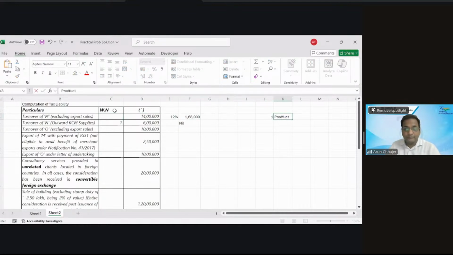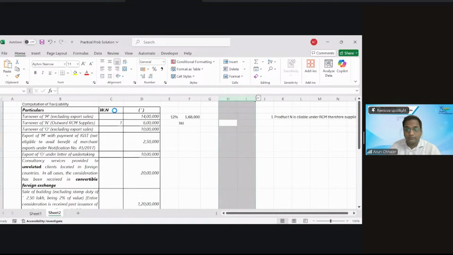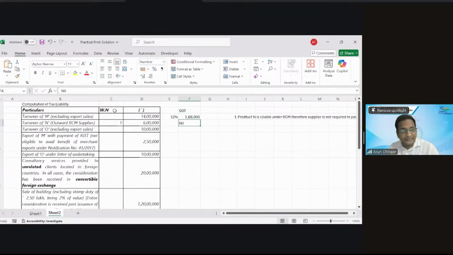Product N is liable under RCM, therefore supplier is not required to pay the tax. GST, correct. Now turnover of O, it is also goods. So I can say the liability would be 12%.